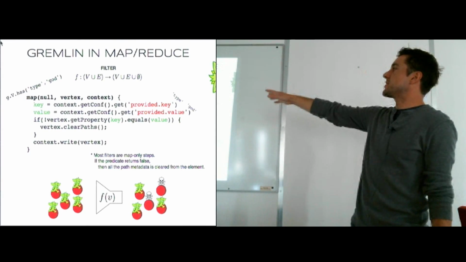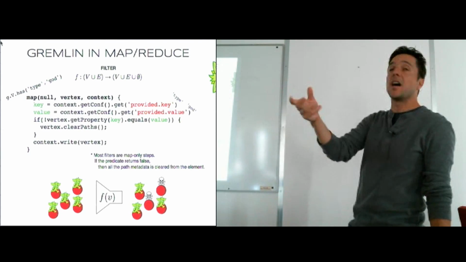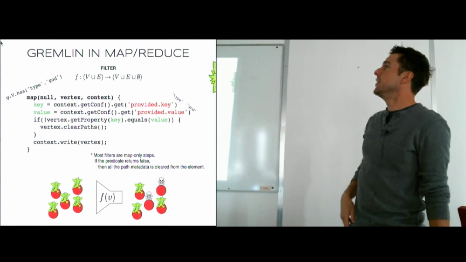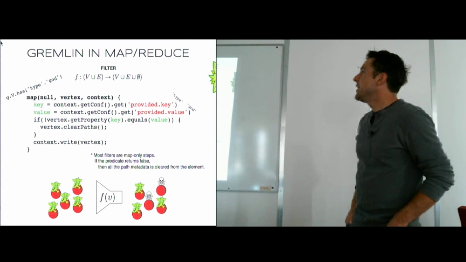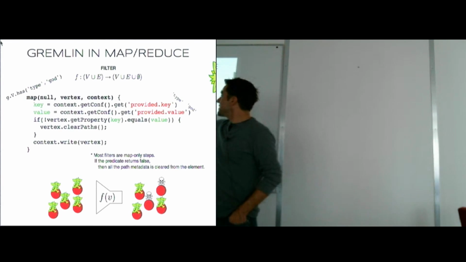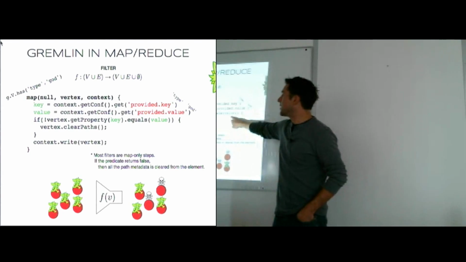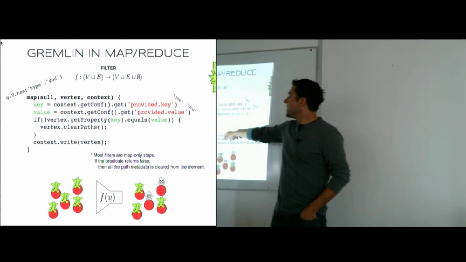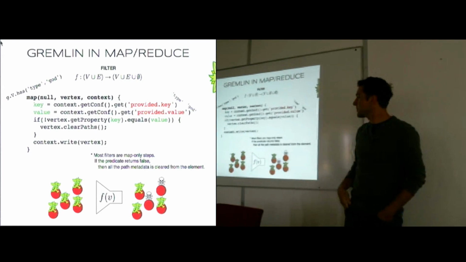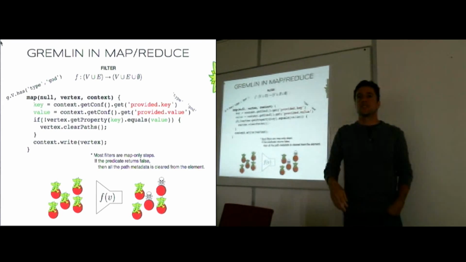So from the context, we get some user-provided key, the user-provided type, and the user-provided God. So we get the provided value and the provided key. Now we have these two objects, key and value. And then I say, if the vertex does not have type God, then clear all the paths, kill all the gremlins that are currently at that vertex, and then write the vertex to the stream.